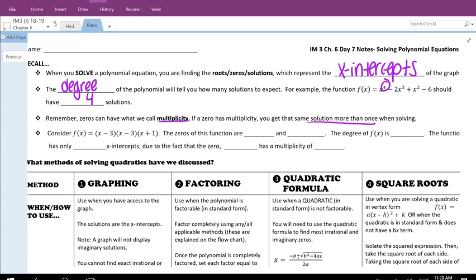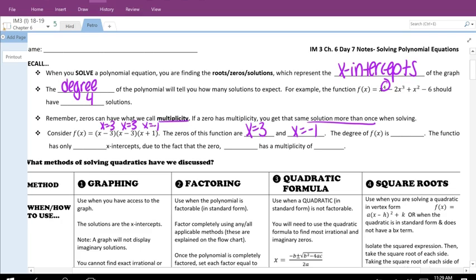Well, I would add 3 to both sides. So x equals 3 would be that solution. Same here, because x minus 3 is the same thing. What makes x plus 1 equal to 0 when I solve for it? x equals -1. But we don't have to write it more than once. So the zeros of the function are x equals 3 and x equals -1.